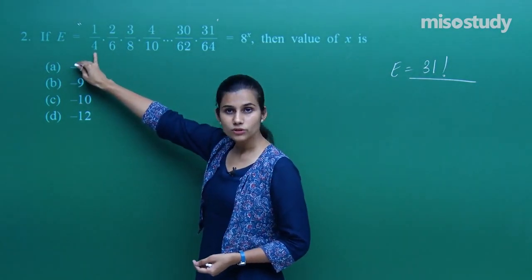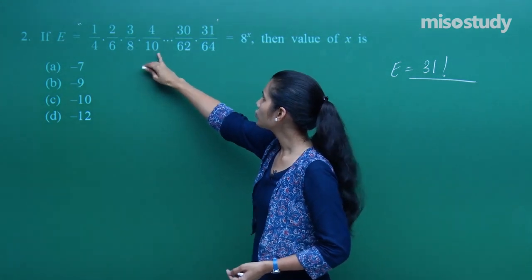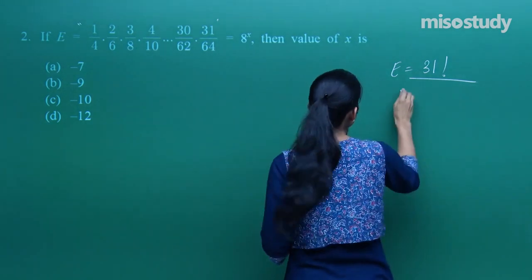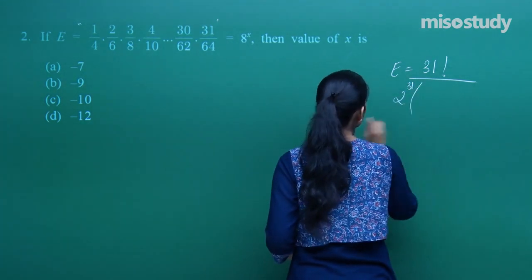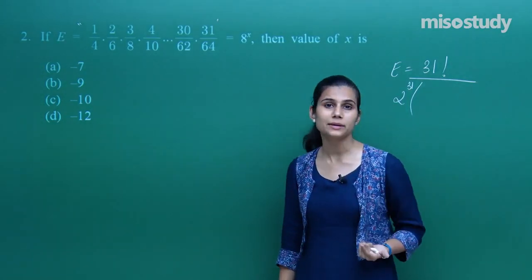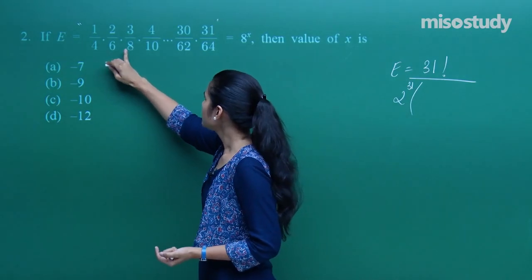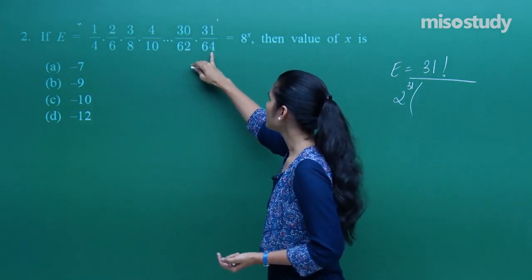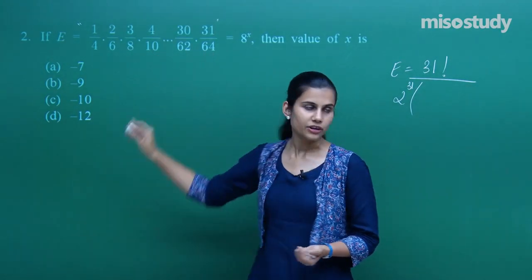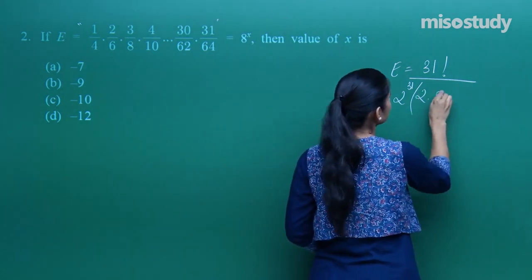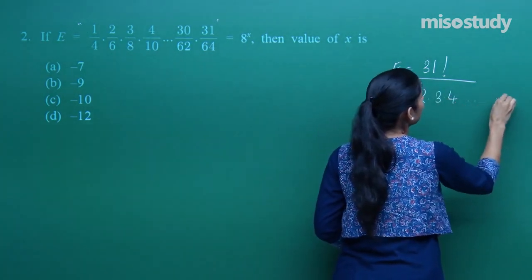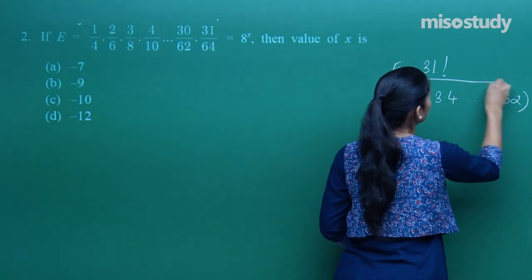This can be written as 2 into 2, 2 into 3, 2 into 4, 2 into 5 and so on. Eventually 2 to the power 31 is going to come out. Why? 31 times is going to come out. Inside you will be left with 2 into 3 into 4 into 5 and so on up till 32.